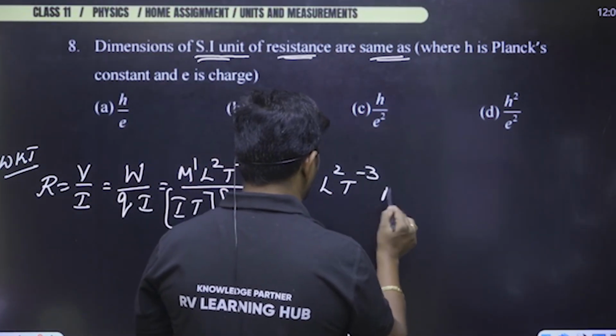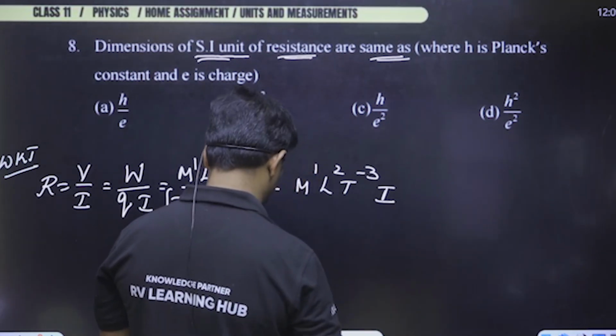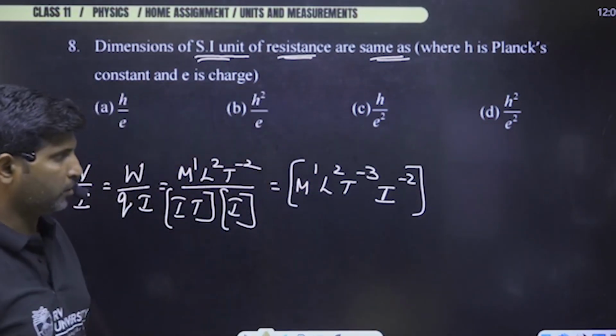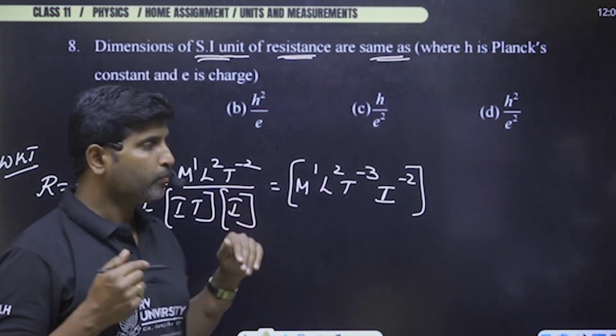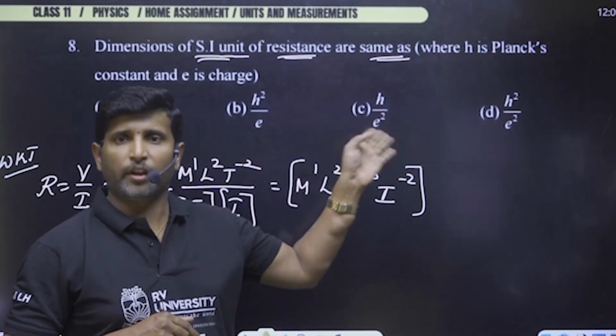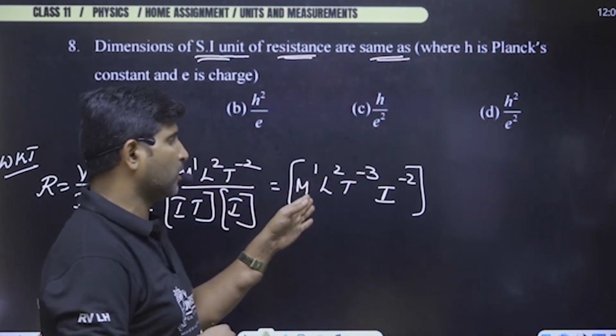I to the power of minus 2. This is the dimensions of resistance, where I stands for current. Okay. So among the following options, any one of the options will have the dimensions of the resistance.